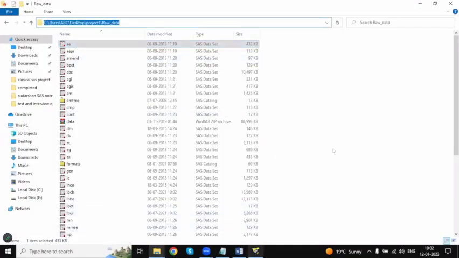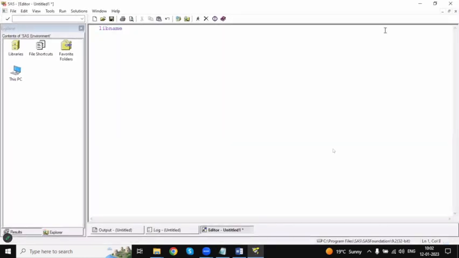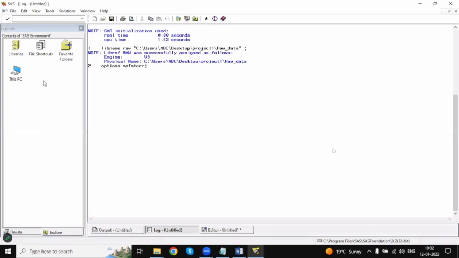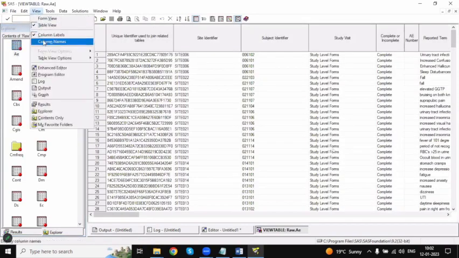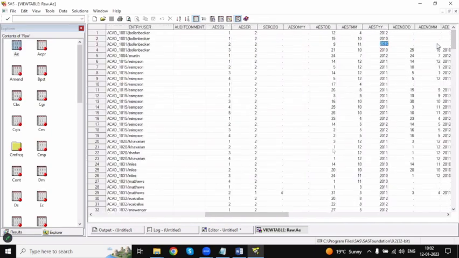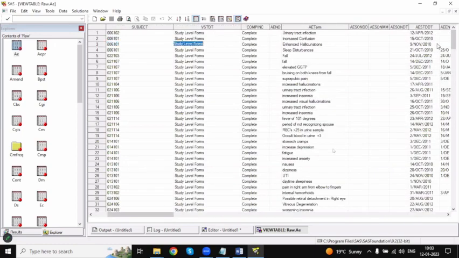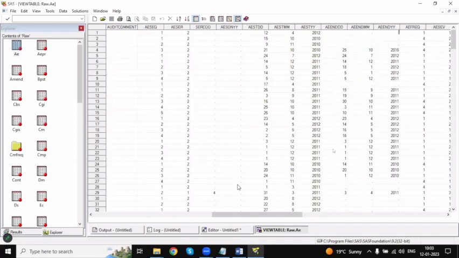So now these raw data sets are the input for the next team, our SAS team. We have to take these data sets as input, and we have to use the no format error option to open them. See, this is one raw data set they prepared, with all the subjects and the adverse event names. For a particular adverse event, when it started, when it ended, the dates, every piece of information in the specification or in the CRF, they have to capture in the form of data sets.